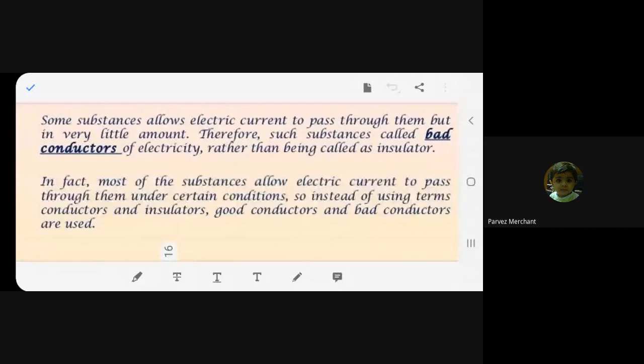So instead of bad conductor, we can also say poor conductor. You agree, all of you? Yes, ma'am. So something new again we understood from this slide. So far we were talking about only conductors and insulators. Now we will not talk like that. We will be talking about good conductors and bad conductors.